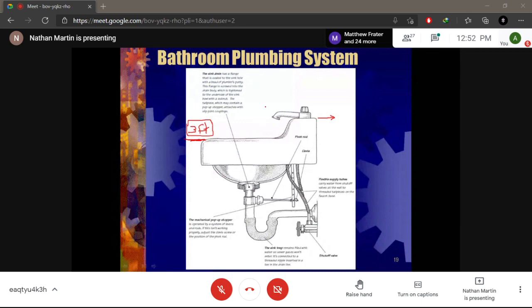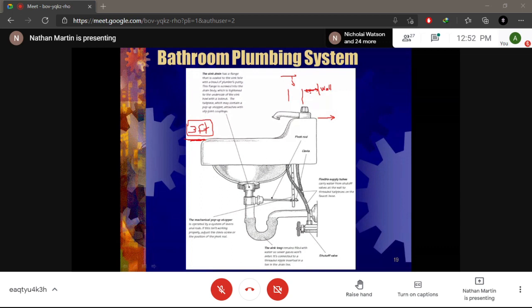Anybody know the distance of your drain pipe from the wall? So this is your toilet drain pipe, and this is your wall here, and there's a distance from here to here. Anybody know what this distance should be? So this is your wall.